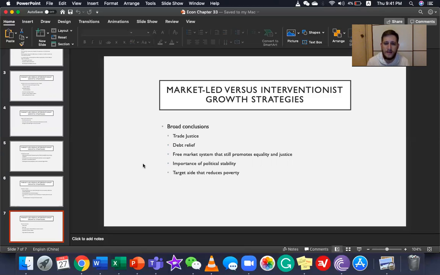We need a system that promotes stability, because economies grow in stability. People won't invest in a place that's unstable. That's why everything that's happening right now with the coronavirus is creating problems with economies, because it creates instability.